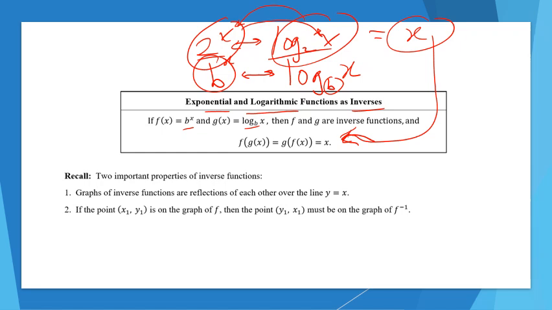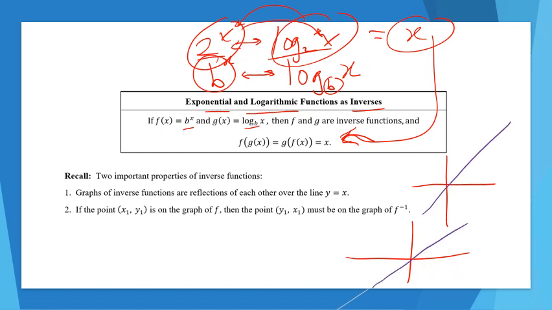Now, two more important properties of inverse functions. Graphs of inverse functions are always going to be reflections over the line y equals x. So for example, this is what that line would look like. Same thing here. And so like we explored in 2.8, if you have a quadratic function, that's going to turn into a square root function with its inverse.